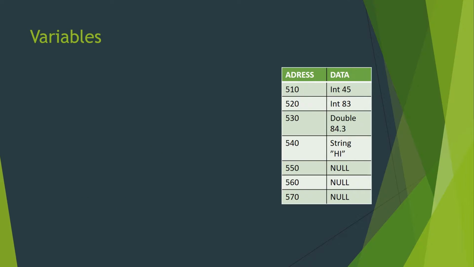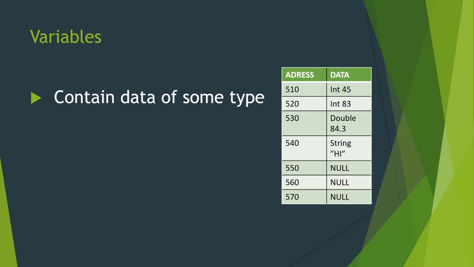So variables. A variable can contain data of some type. It doesn't necessarily have to, but it wouldn't be useful if it didn't. So yeah, it must have a data type, so an integer or double or float or something like that.